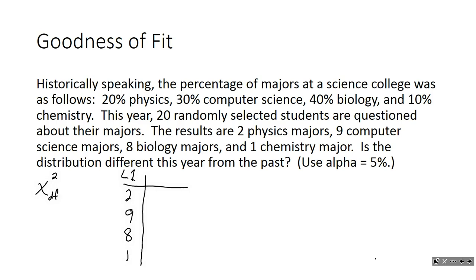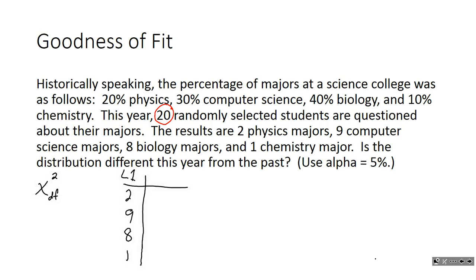And then in L2, what we're going to do is write down the expected results based on the historic long-term percentages. Now the way you do that is consider how many people are in the survey. There are 20. Historically speaking, 20% of the students were in physics.